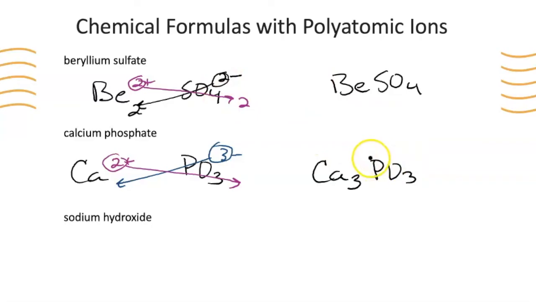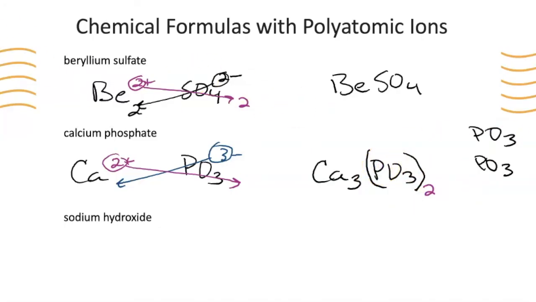In order to show that we have 2 phosphates, we need to put parentheses around this and then make our subscript outside of the parentheses of 2. What that does is tell us that everything inside of the parentheses is doubled.